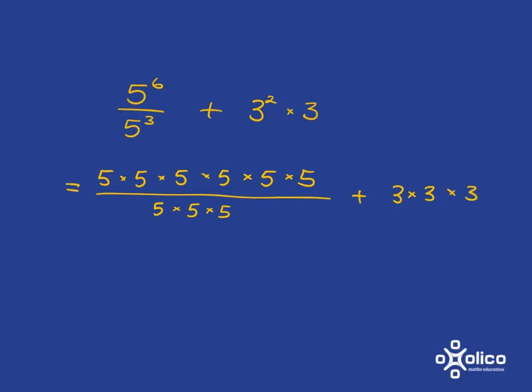Now we can easily start sorting this out, because this 5 will cancel with this 5 with this 5 with this. And so what we're left with at the top here is 5 times 5 times 5, which is 125. And here we have 3 times 3 times 3, which is 27. And so what we get as our answer is 125 over 27.